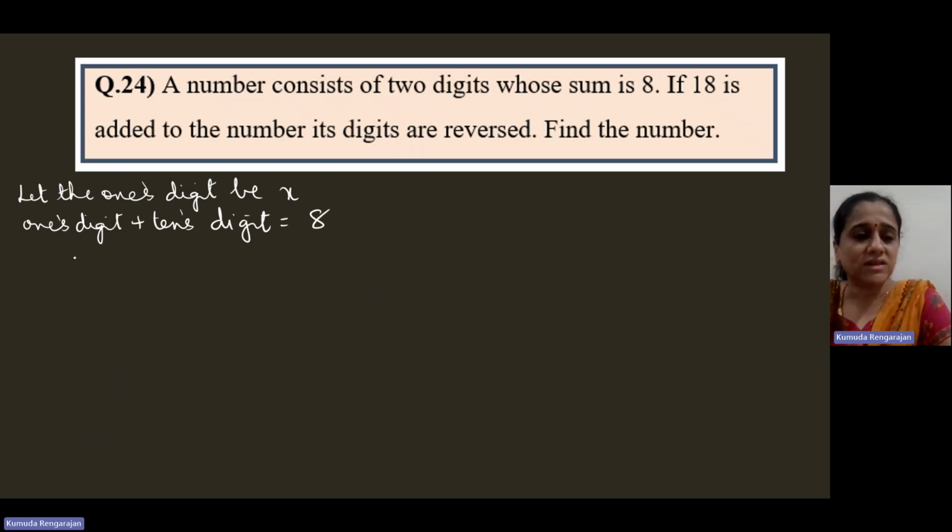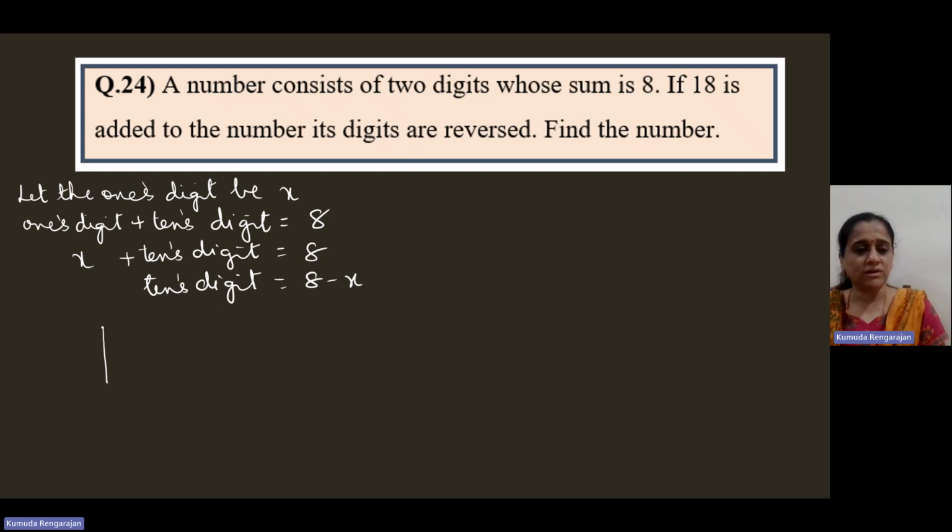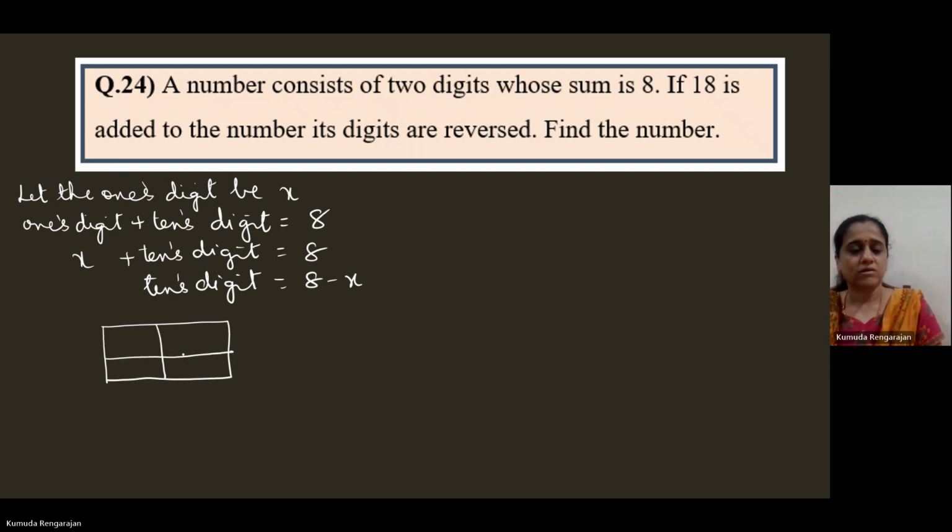Now ones digit is x. x plus tens digit is equal to 8. So the tens digit is equal to 8 minus x. So let's make this table, ones and tens. Ones is x, tens is 8 minus x.